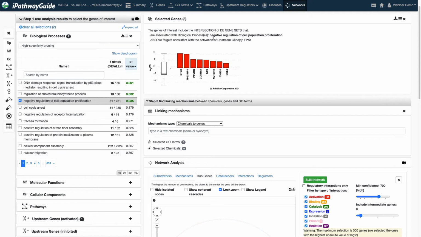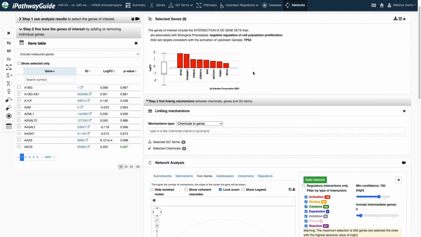And you can see that we found an intersection. These genes here are exactly the genes that are targeted by TP53 and annotated to negative regulation of cell population proliferation. So this might be interesting to look at. Let us then do one more thing, which is let's add TP53 into this mix.